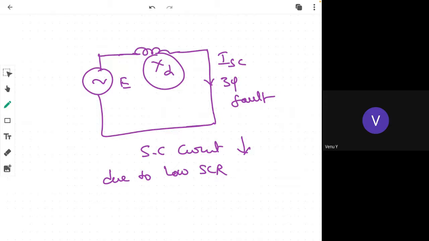Due to increased reactance XD, the fault current will be limited, decreased. So this is the third point of low SCR.